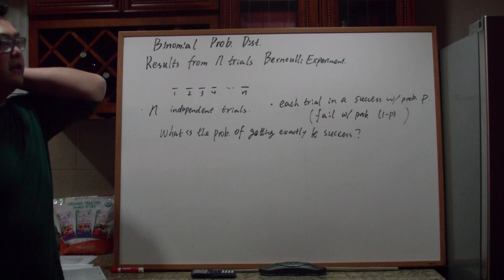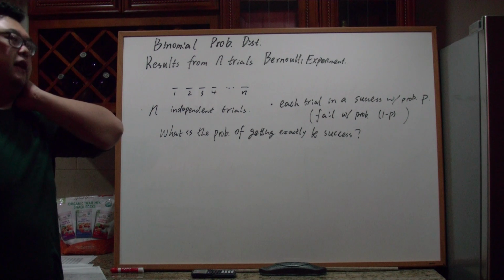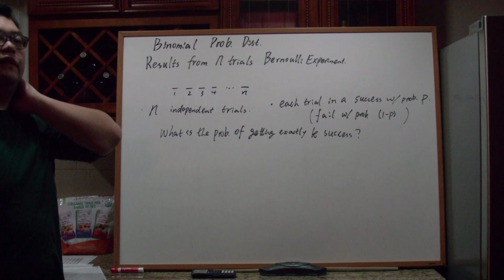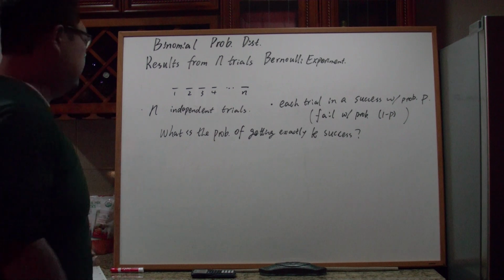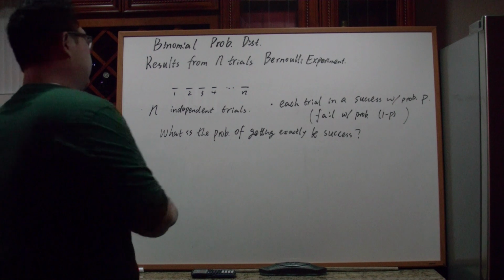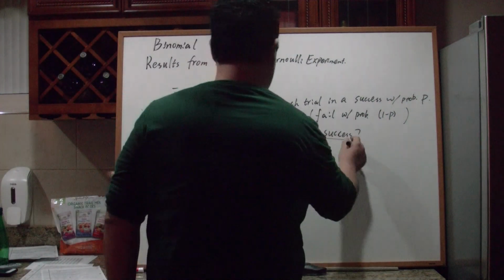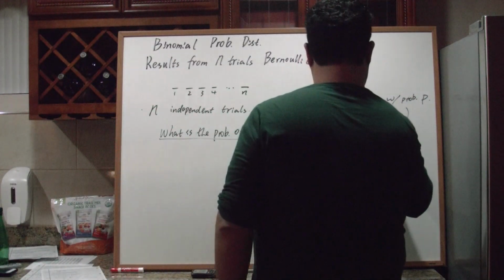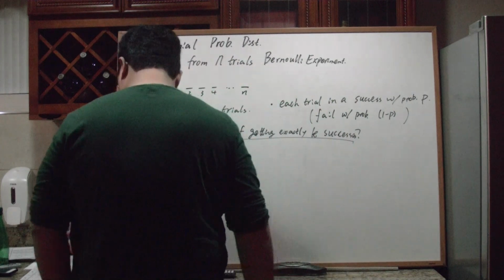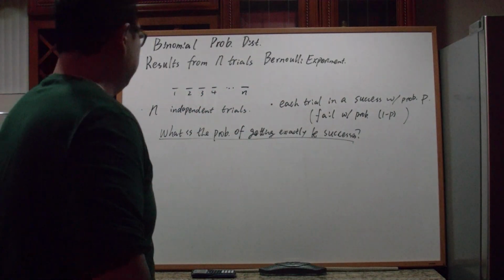Each trial has a success probability of p, and a failure probability of 1 minus p. Right, so what is the probability of getting k successes? K successes is the question here.